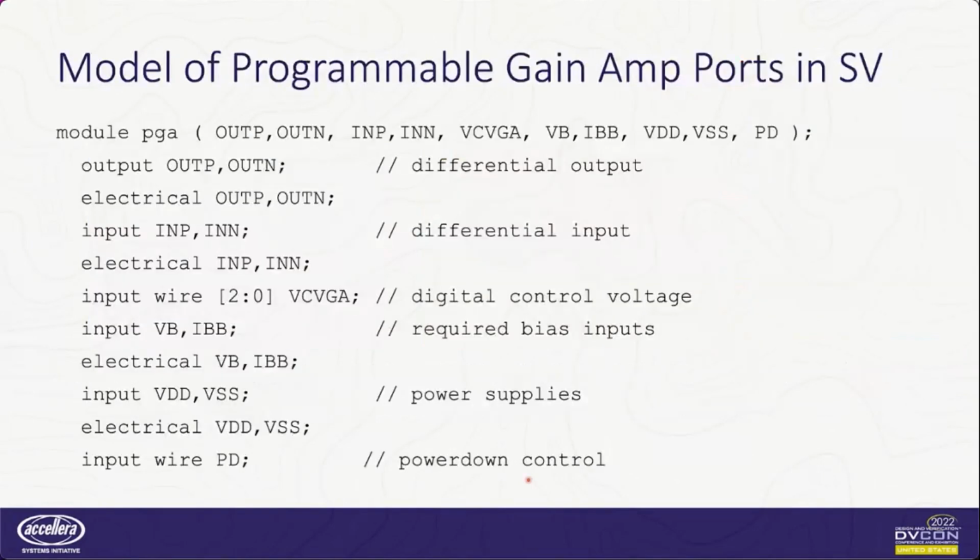And then if we do swap out the DUT with a SPICE model or something where there's electrical ports, like in this case where the outputs and the inputs are now electrical signals. We still have our logics for the power down and our VCVGA. Those are still input wires, but everything else is going to be electrical.